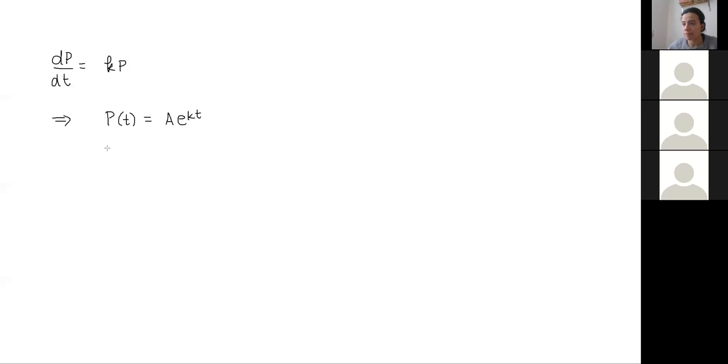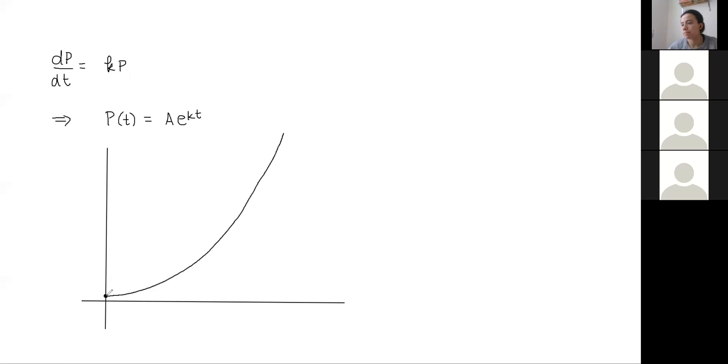But yesterday, we said if I have a value of k that is positive, then my derivative, my differential equation, let's say if I start at this point, my derivative is going to grow at a rate of k. And so that means that I'll have something like this, right?